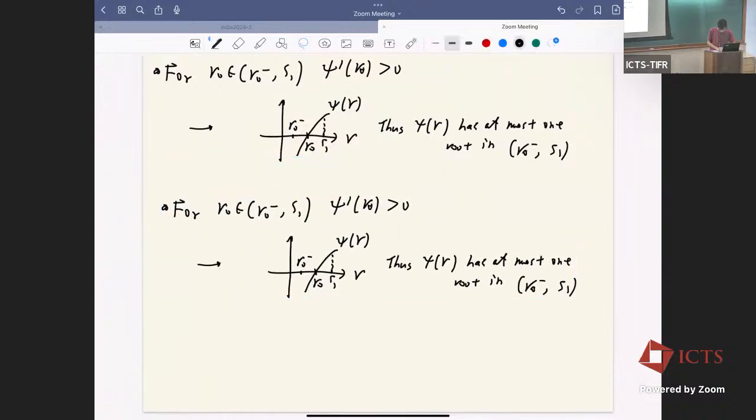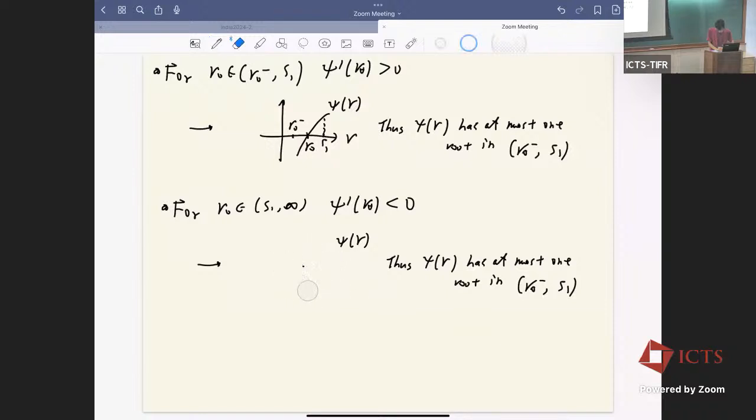And now, the case R naught is greater than S1, then psi prime at R naught is negative. So then the surface graph looks like this, yeah, psi r. So somewhere S1 here and R naught here.